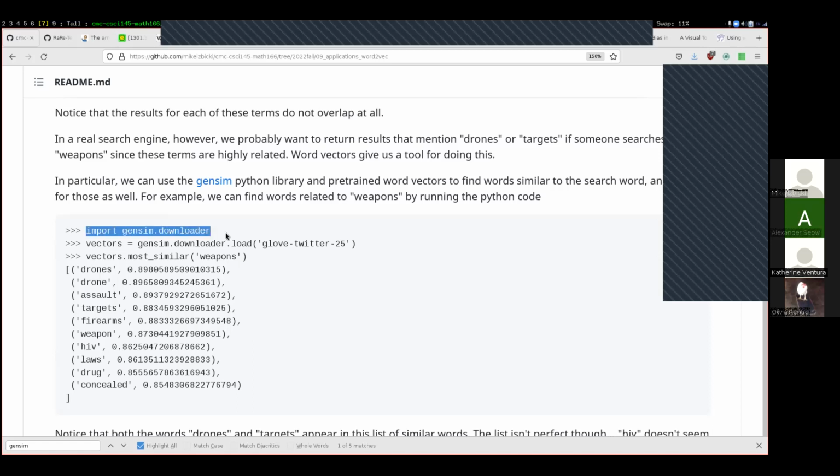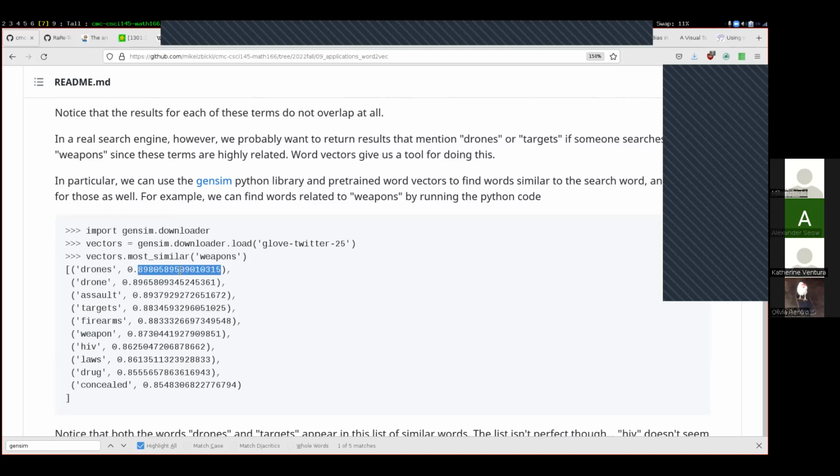So you just import GenSim. This gets us a model. We'll talk in detail about what this is actually doing in a little bit, but these are the only 3 lines of code that you'll need. Then this most similar function, with weapons, gives us things that are somehow similar to weapons.